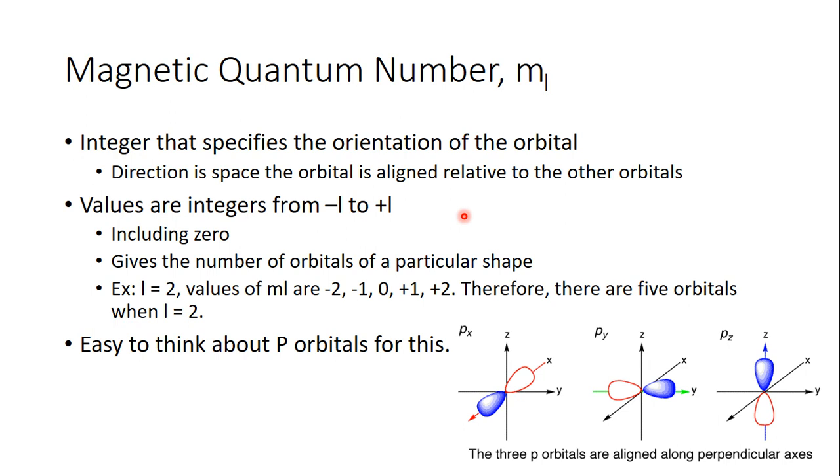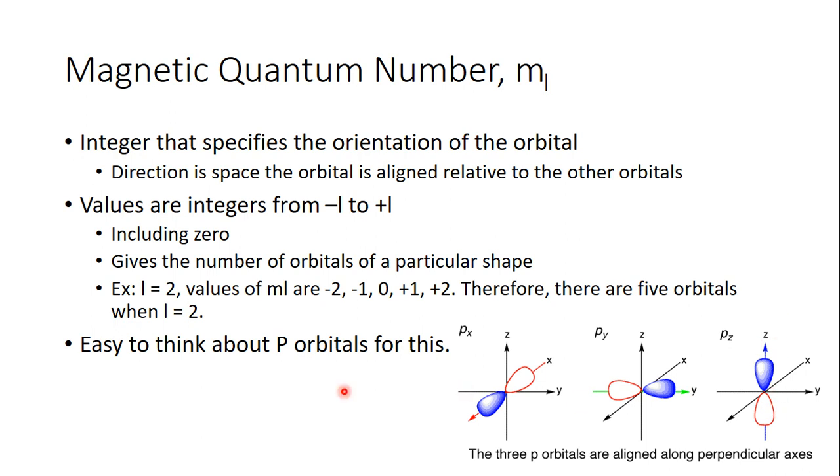For me, this is really easy to think of for P. The P orbital has an L value equals 1. So it ranges from minus 1 to 0 to plus 1. Therefore, you would expect 3 orientations, and we do. We have one orientation that goes along the x-axis, one that goes along the y-axis, and one that goes along the z-axis.